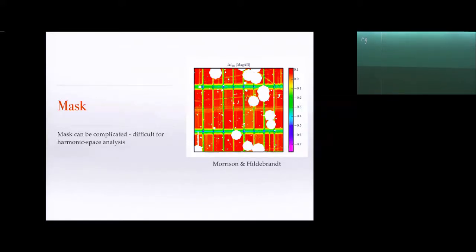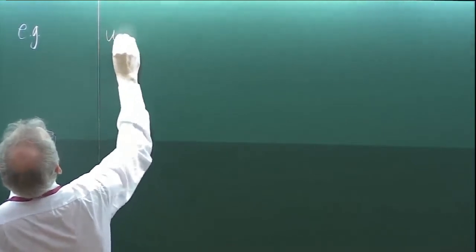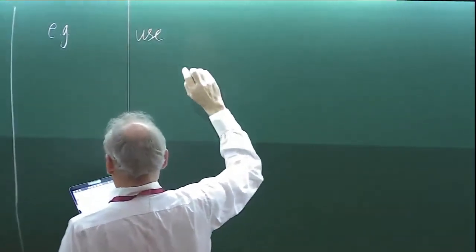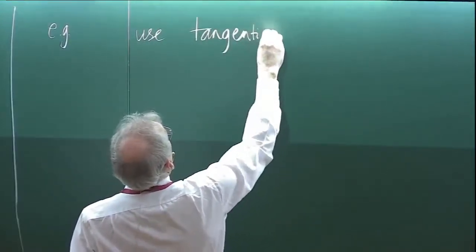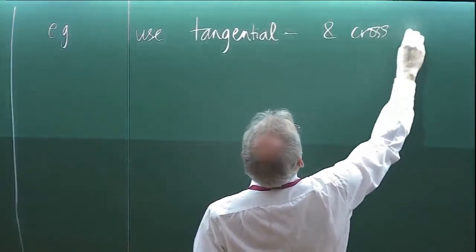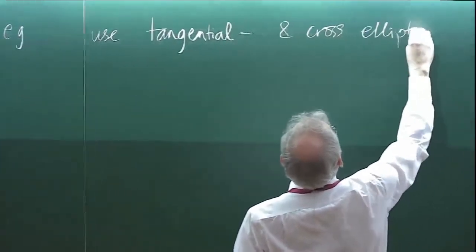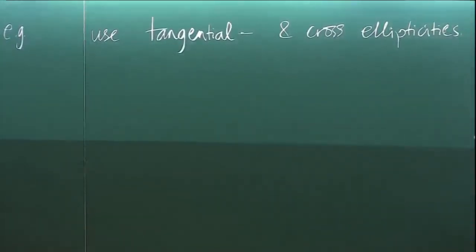So for example, a standard way is to use what are called tangential and cross ellipticities. So these are examples of summary statistics where one takes the entire survey and reduces it to some summary statistics which one then uses to confront with theory.